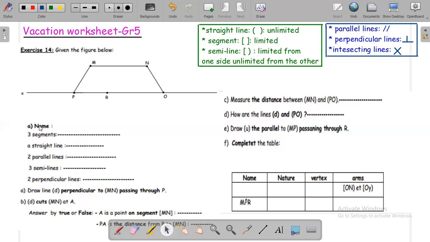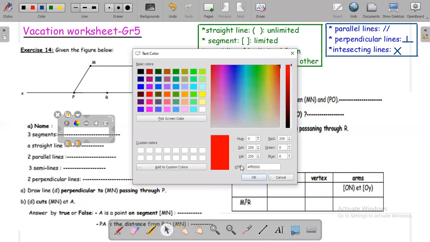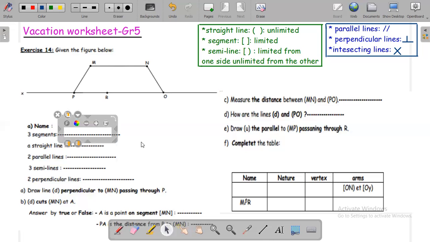Now, name three segments. A segment means we have two points. It is limited. So, for example, we can name [MN] and we put brackets. MN, capital letters, because we have points.